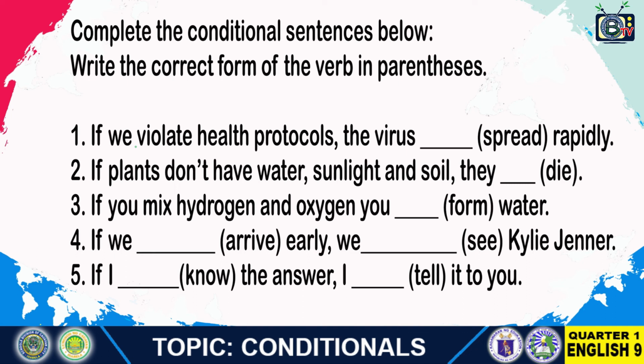Number 3. If you mix hydrogen and oxygen, you blank water. Number 4. If we blank early, we blank Kylie Jenner. And lastly, number 5. If I blank the answer, I blank it to you.